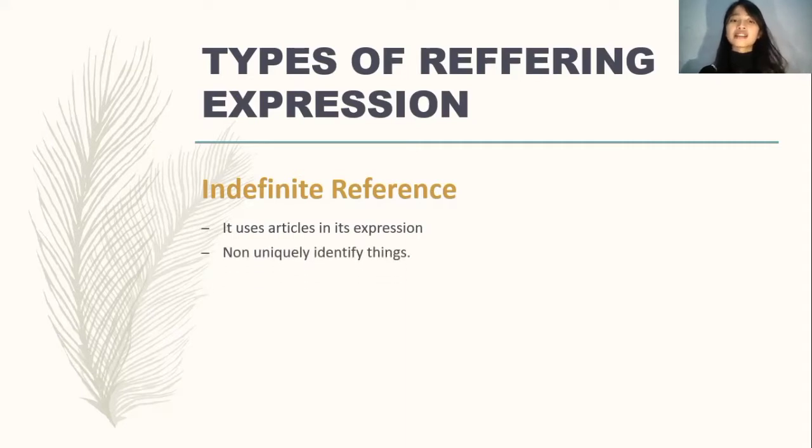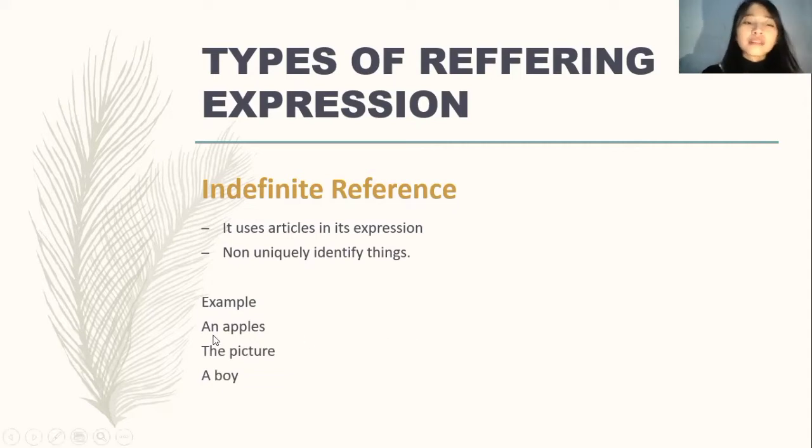And this reference usually is used for non-uniquely identifying things. For example, an apple, the picture, and the boy. We can see in these phrases that there are articles.